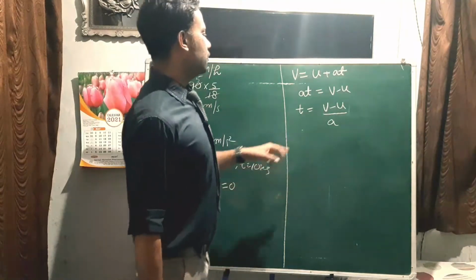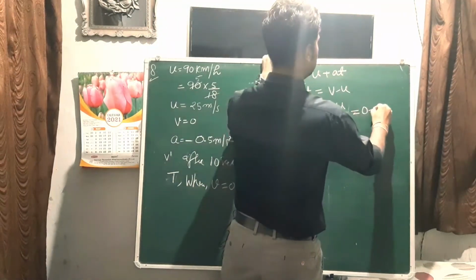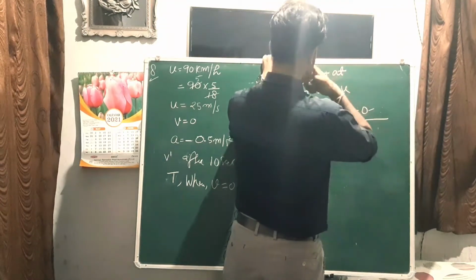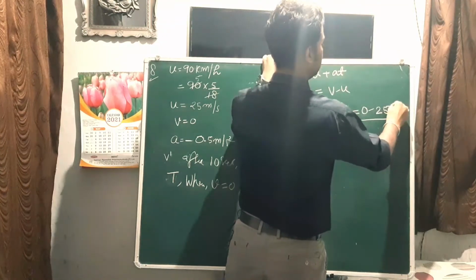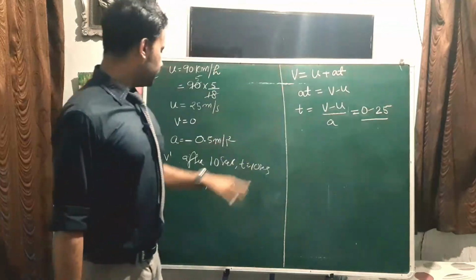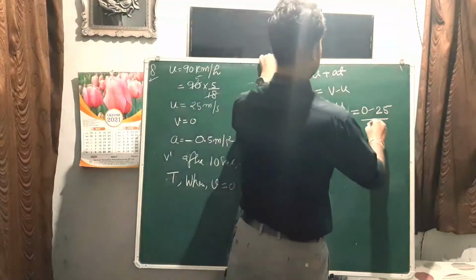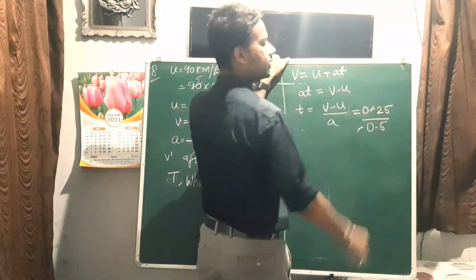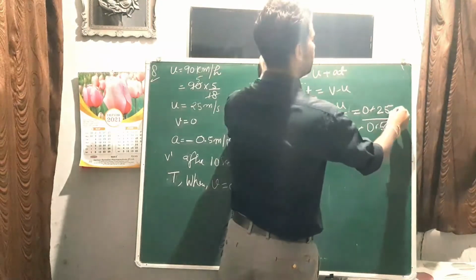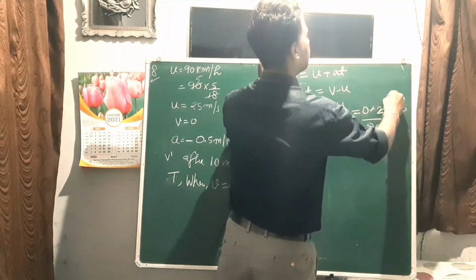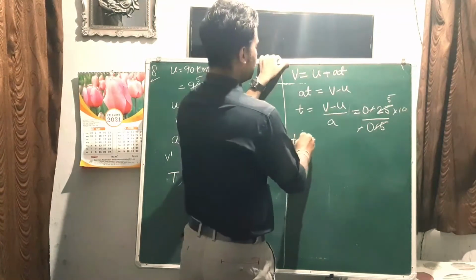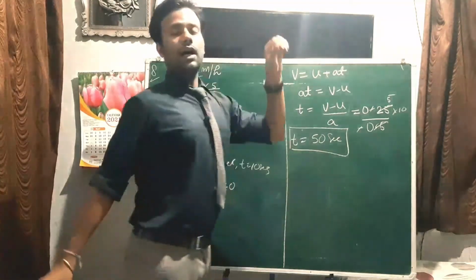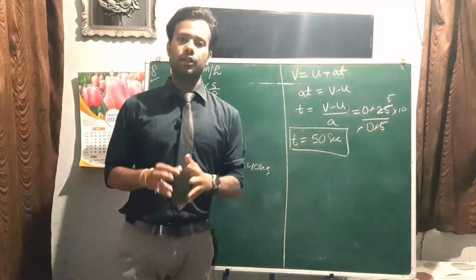The value of v is 0, u is 25, and a is minus 0.5, right? So the minus sign has been cancelled, it will be 50 seconds. That means after 50 seconds this train will stop.